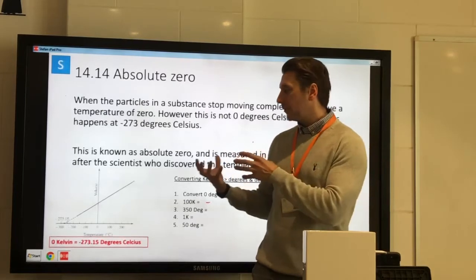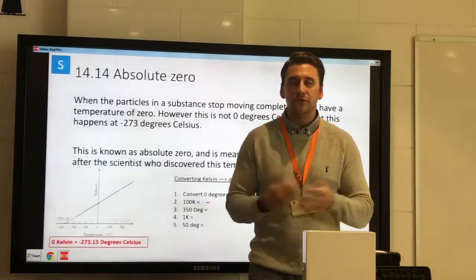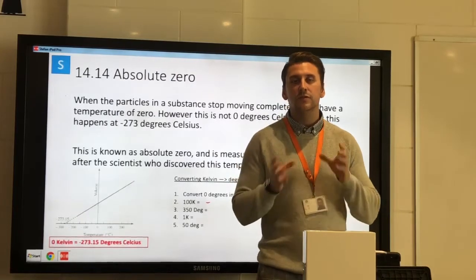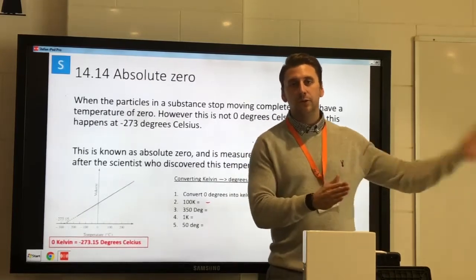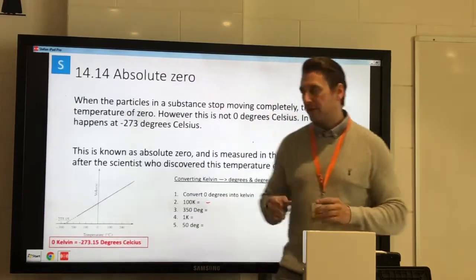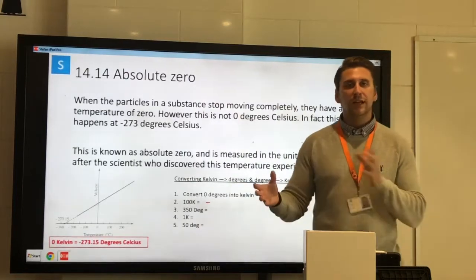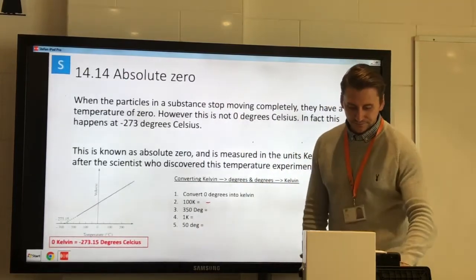So for example, 0 Kelvin, subtract 273 is minus 273 degrees Celsius. So degrees Celsius to Kelvin, plus 273; Kelvin to degrees Celsius, subtract 273. Alright, and that's the absolute 0 true temperature scale in Kelvin versus degrees Celsius.